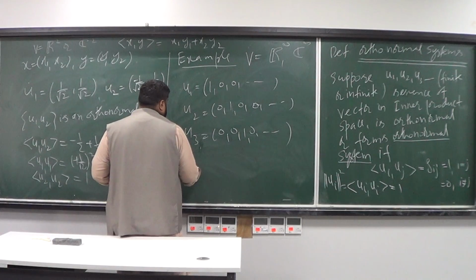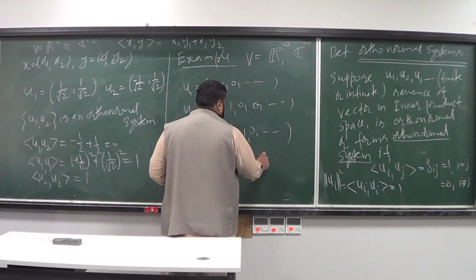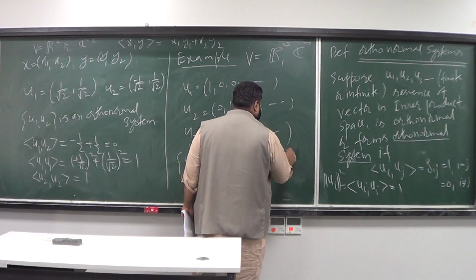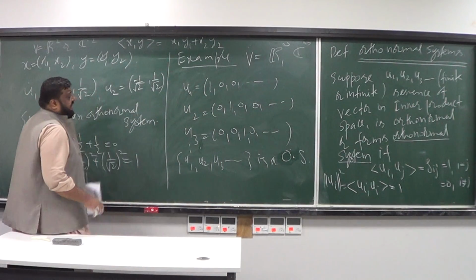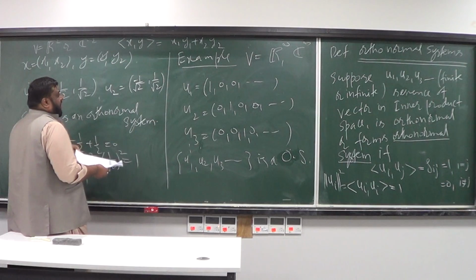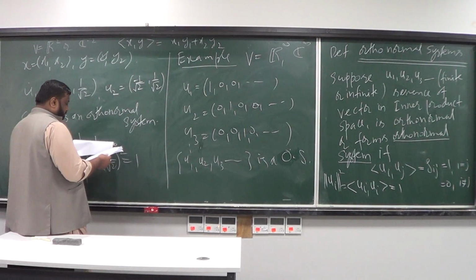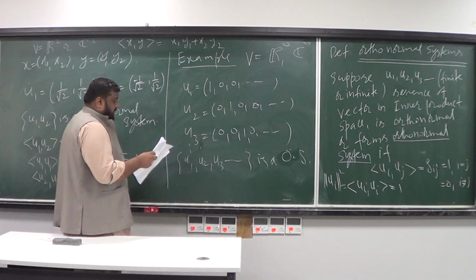Then this collection U1, U2, U3 is an orthonormal system.